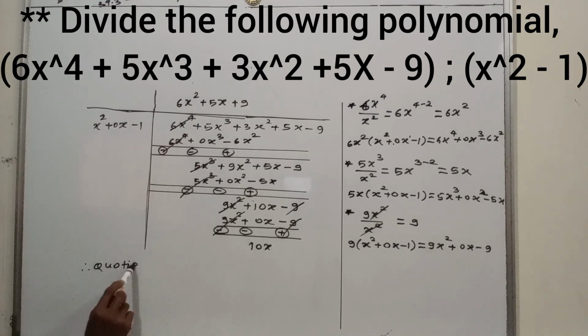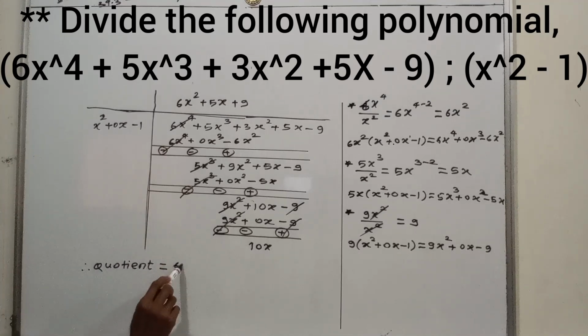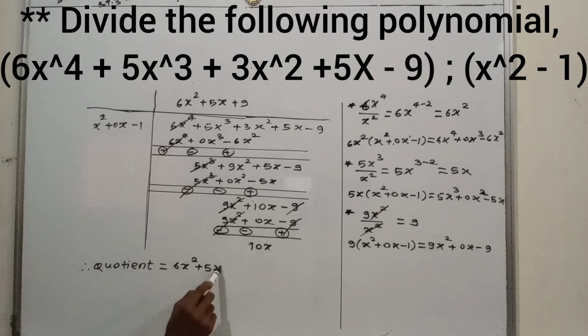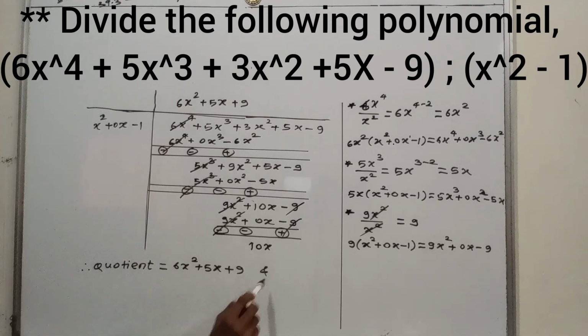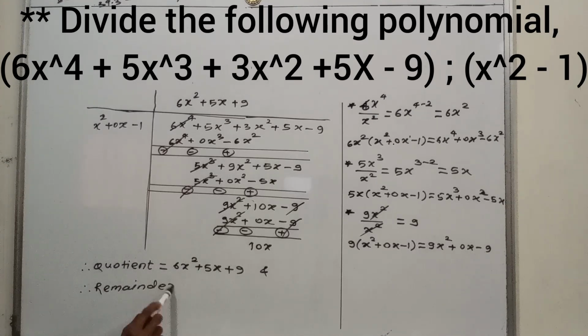Quotient is equal to 6x square plus 5x plus 9 and remainder is equal to 10x. Did you get it?